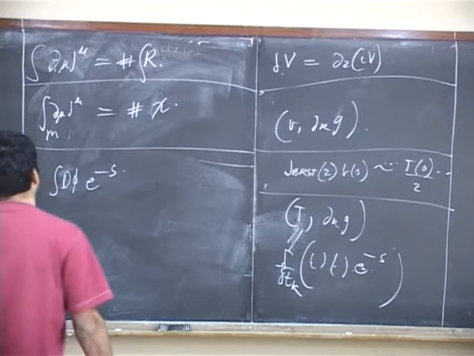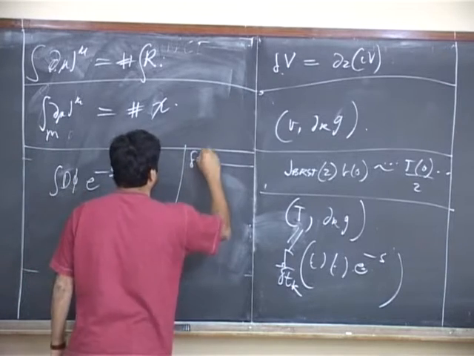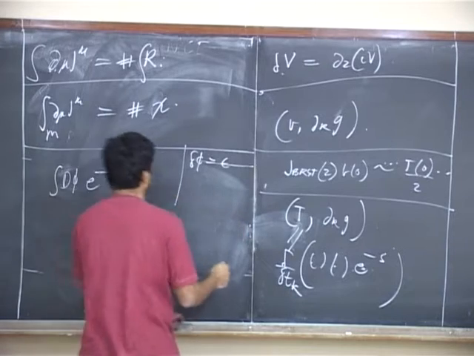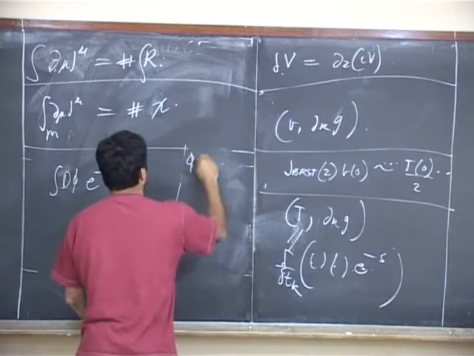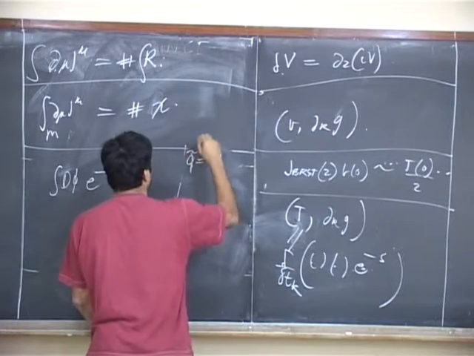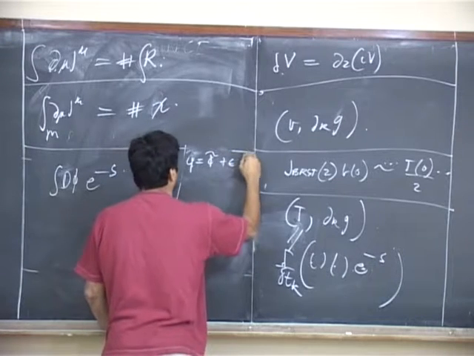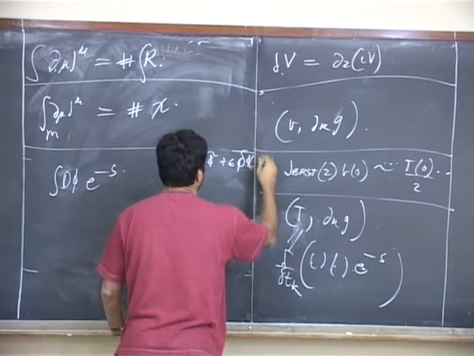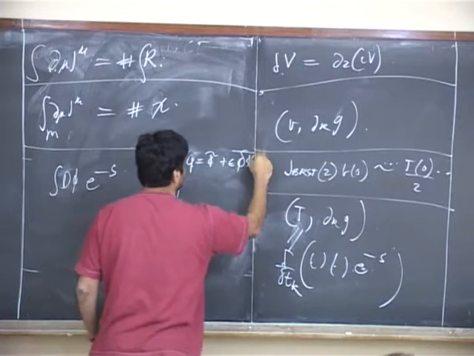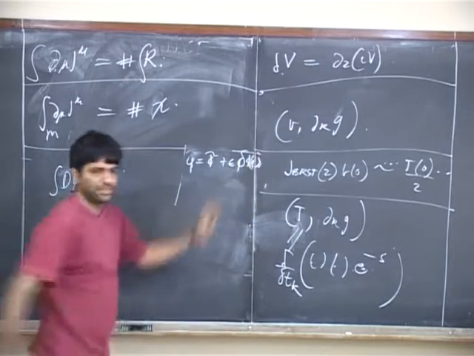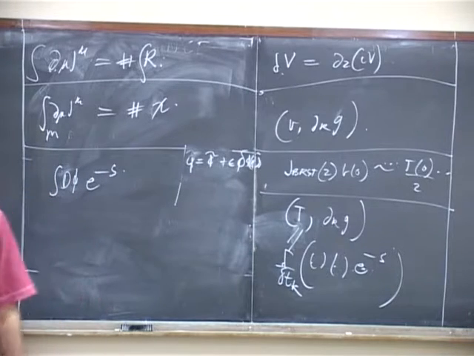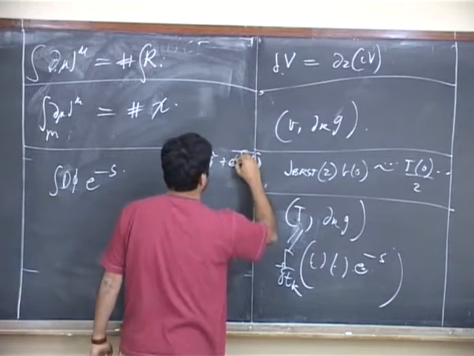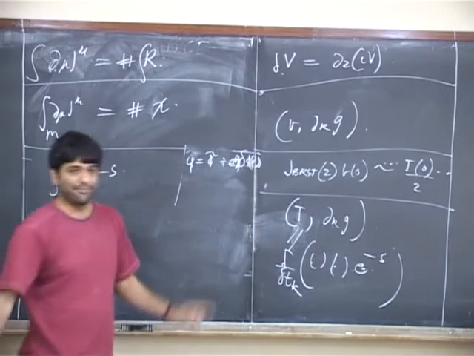So suppose we have some symmetry transformation, then phi is equal to phi tilde plus epsilon times delta phi of phi tilde. Then we said we'll make this epsilon a function of x, of the worldsheet coordinate sigma.